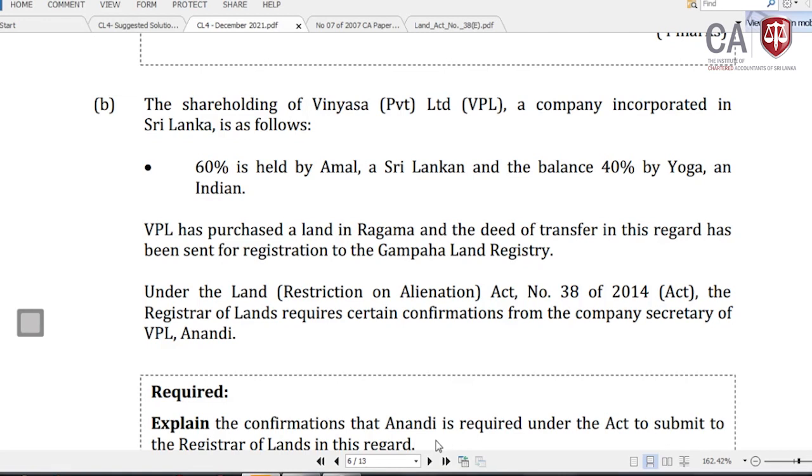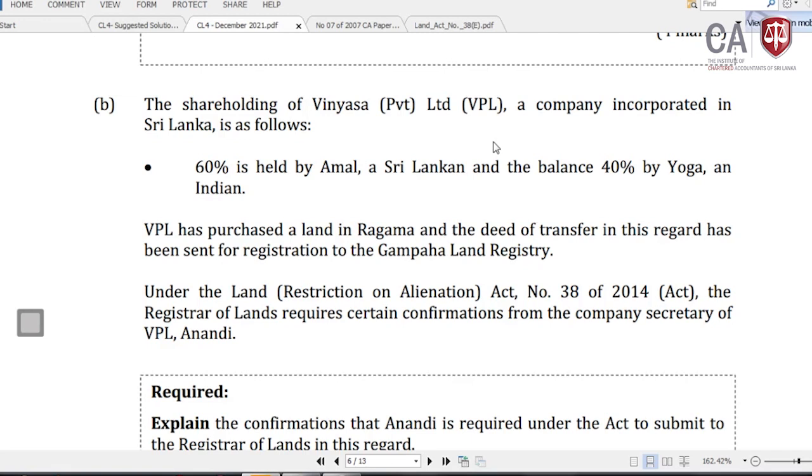First confirmation that she has to submit is that the foreign shareholding of the company, that is Vinyasa Private Limited, VPL, is less than 50% at the time of submitting the deed of transfer.